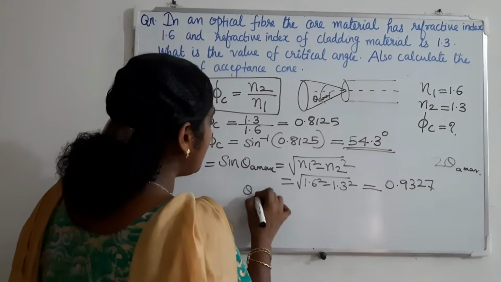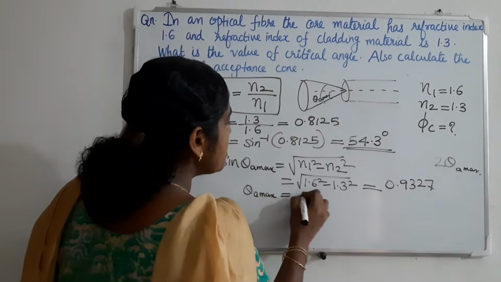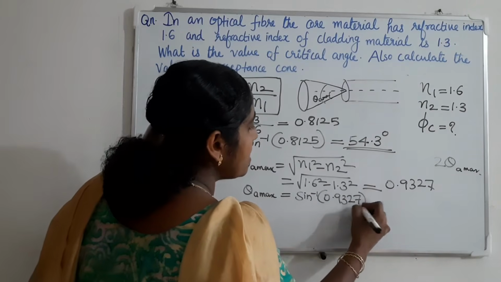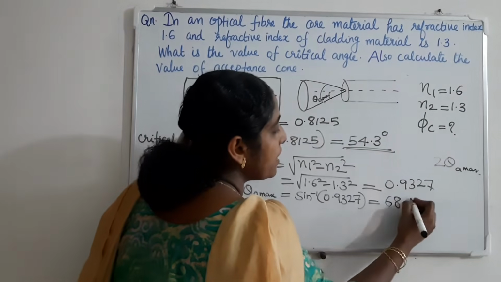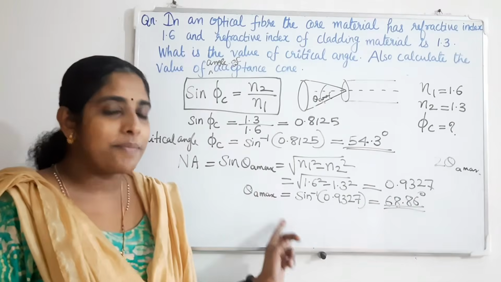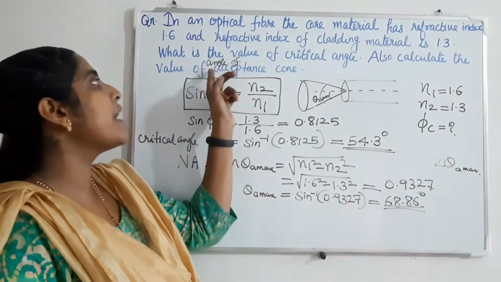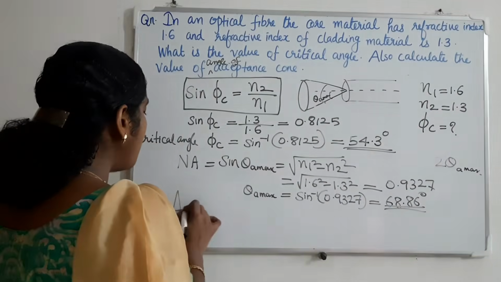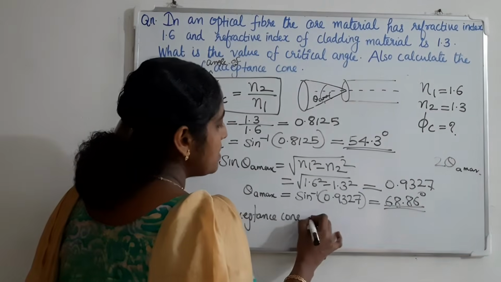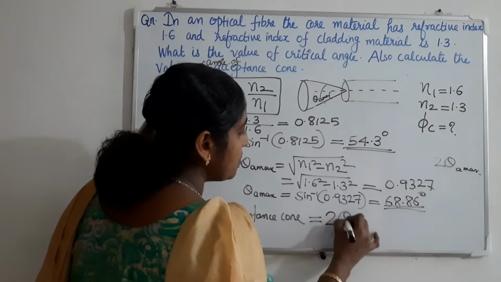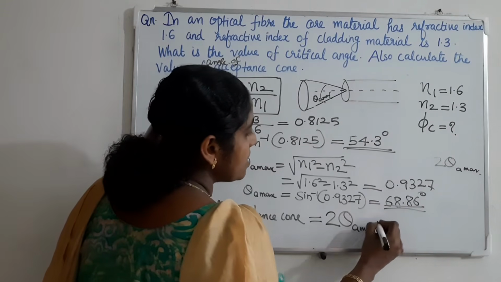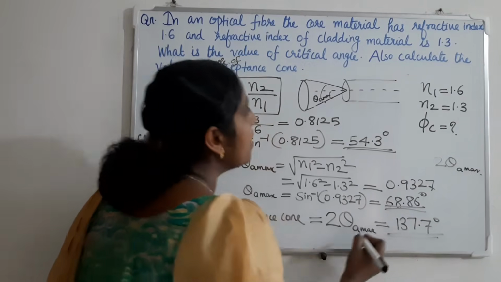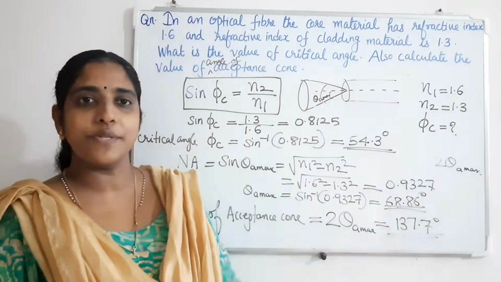So theta A maximum is equal to sine inverse of 0.9327, that is equal to 68.86 degrees. From this acceptance angle we can find the angle of the acceptance cone by multiplying by 2. That is, the angle of the acceptance cone is equal to 2 times theta A maximum, which is 137.7 degrees. So this is the angle of the acceptance cone.